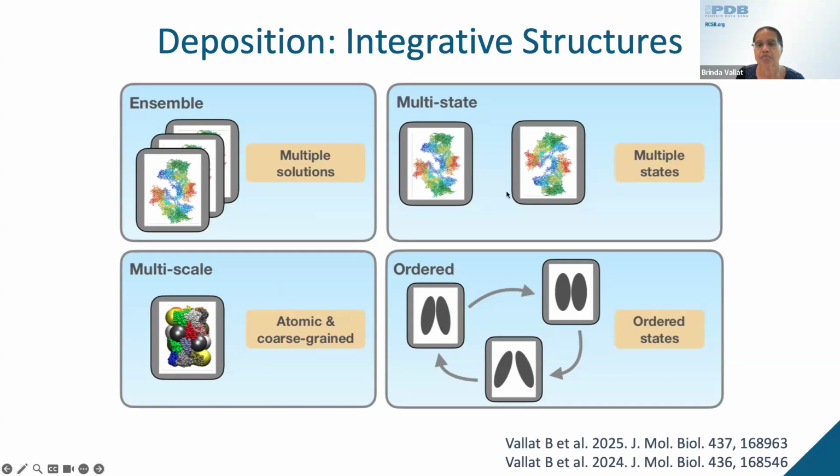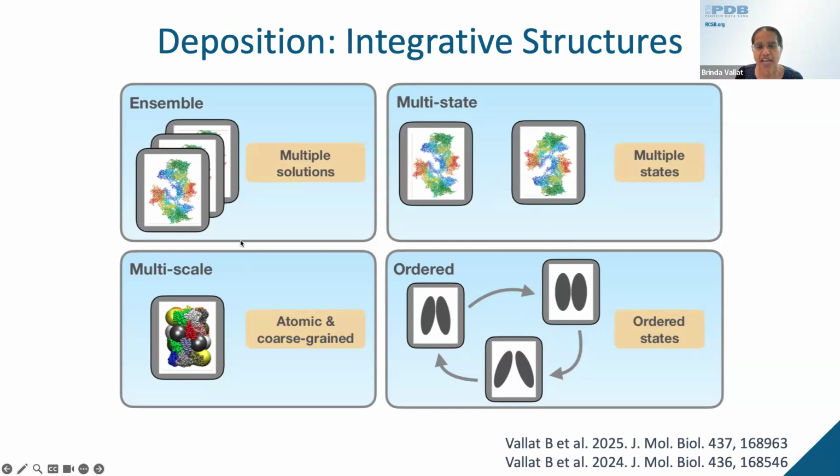Multi-state models correspond to models in multiple conformational or compositional states that collectively satisfy the input information. For example, there can be structures of macromolecules in bound and unbound states or open and closed states, and they collectively satisfy the input information. Ordered states are multi-state models that belong to a time-ordered pathway or another ordered path, such as an enzymatic reaction or a biochemical pathway.